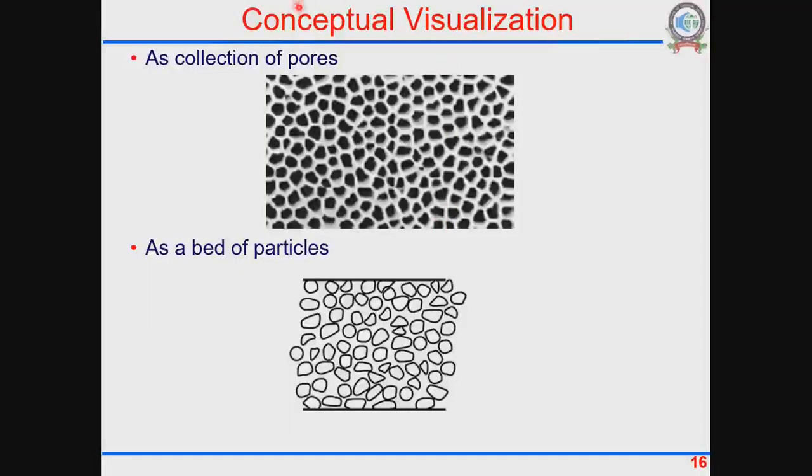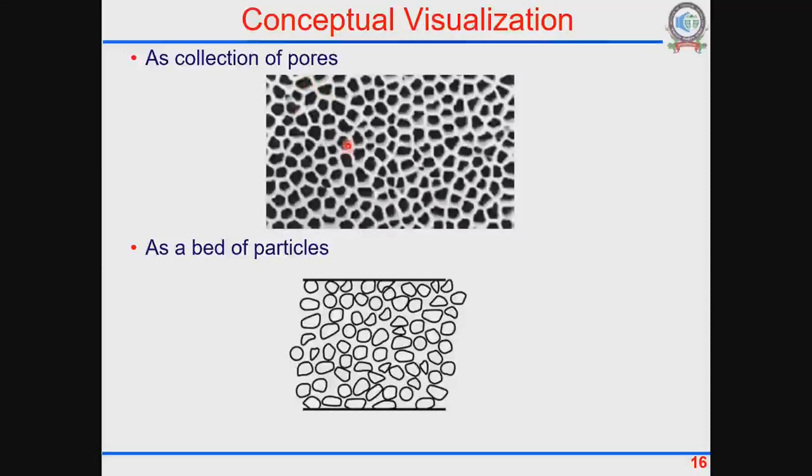So the first way is, if we look at the top cross section of the membrane, we can view this membrane as a collection of pores. So imagine each one of these is a pore and the flow is going from top to bottom, from the screen to inside.